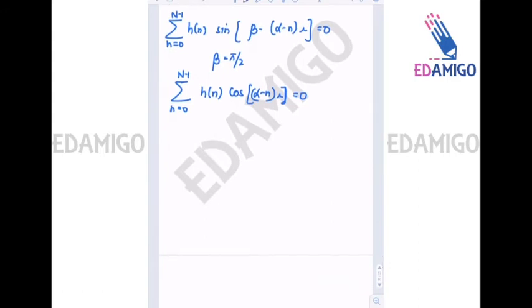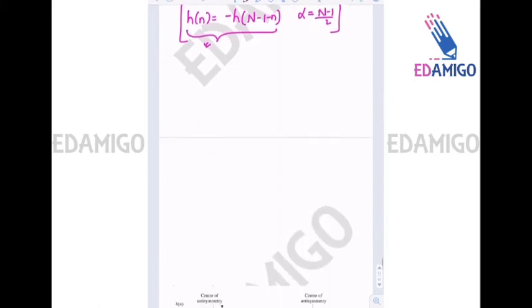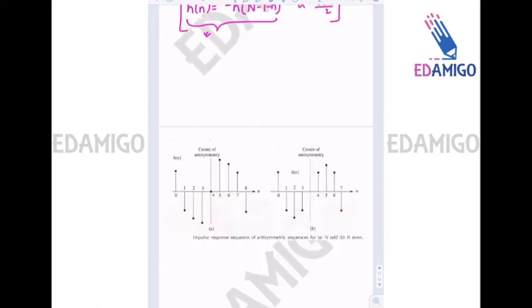So this summation can be 0 only when, and these conditions are very important, hn is equal to minus h of capital N minus 1 minus n and alpha equals N minus 1 divided by 2. So in the previous part of this lecture we have seen two conditions where hn was symmetric about capital N minus 1 divided by 2. Here hn has to be anti-symmetric about capital N minus 1 divided by 2. So we can prove this also.